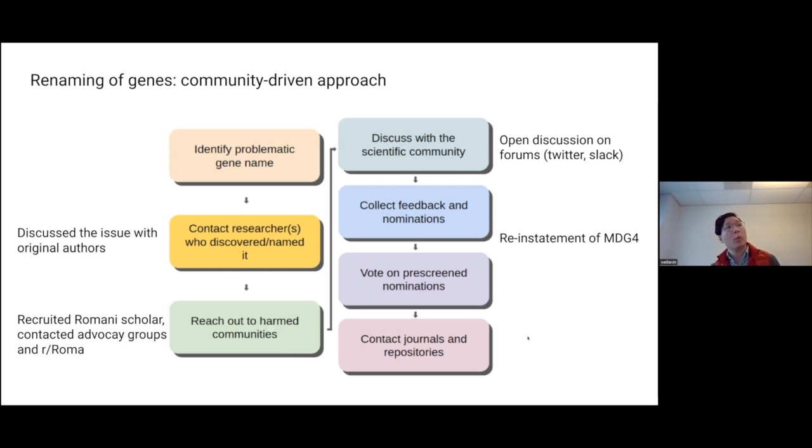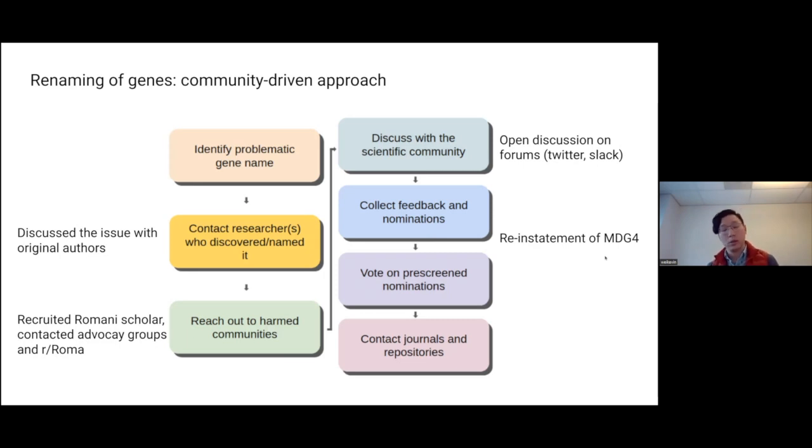In our case, we didn't actually have to come up with a new name, because there was a name chosen all the way back, and a lot of people suggested that we reinstate that other name, MDG4. So we're at this step, and after all this, the hope is that when we have enough inertia and critical mass, we can start contacting journals and repositories to reinforce these name changes.